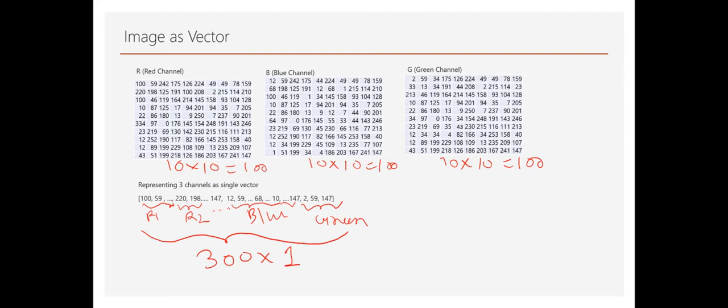For example, if the image is 20 by 20, each channel will have 400 cells, so into 3 it will be 1200 total cells. The size varies depending upon the problem, but the gist is you convert a multi-dimensional image array into a single dimensional image array before you process.